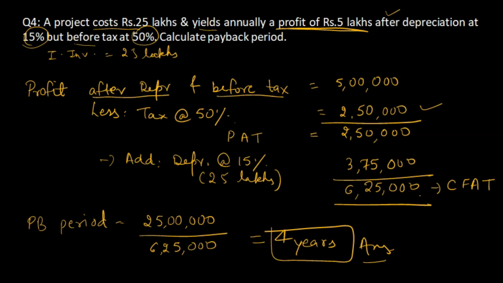So PAT we got, now add the depreciation, which is calculated on the initial investment at 15%. Then payback period is initial investment divided by CFAT. We got 4 years. I hope it is clear.